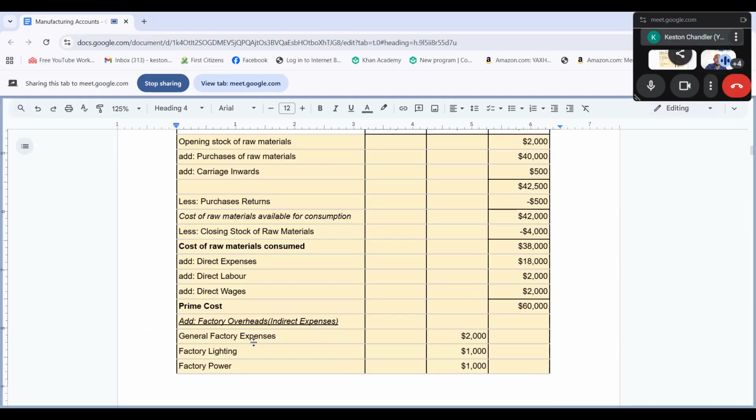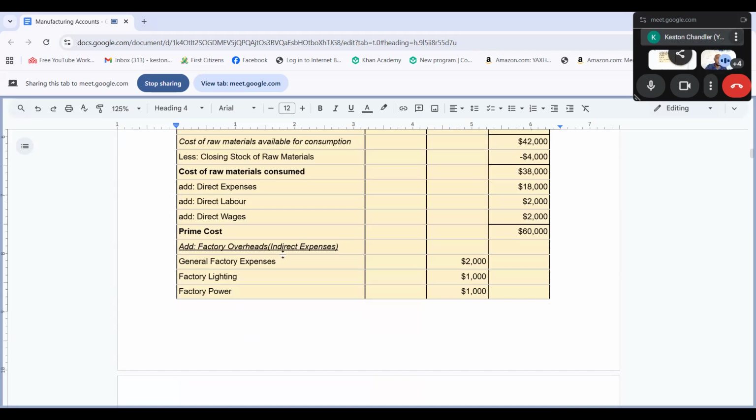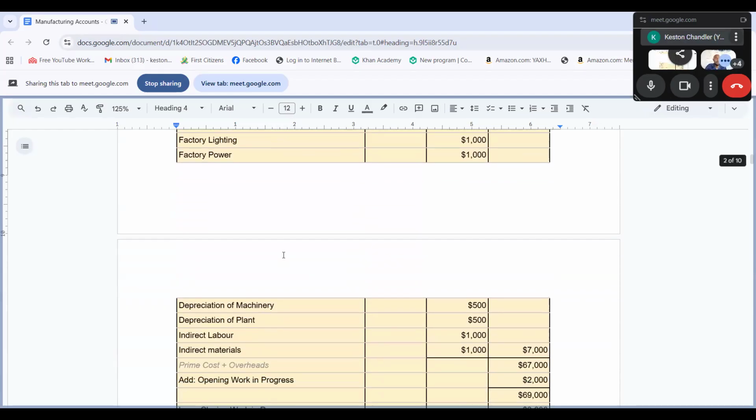We also refer to these expenses as factory overheads. So this could be any general factory expenses. So the lighting, the power for the factory, general expenses in the factory, getting rid of the waste, maintenance staff to clean up, the floor supervisor, right? All of these, the depreciation of the machinery, the plant, right? Indirect labor, right?